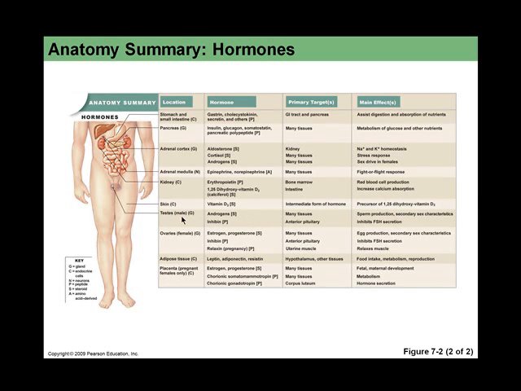The testis in the male, they're saying that it is glandular, but typically we think of the male and female gonads as being dedicated to gamete production, and the hormones are a side product required for affecting the organism and contributing to the gamete development.